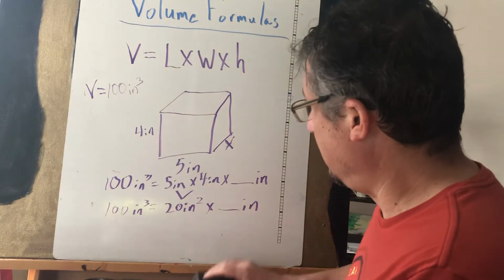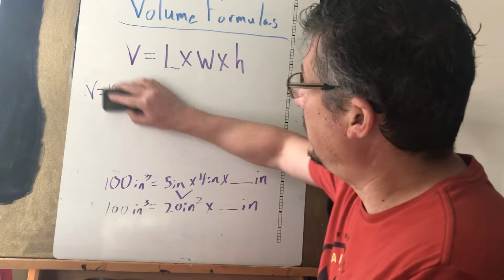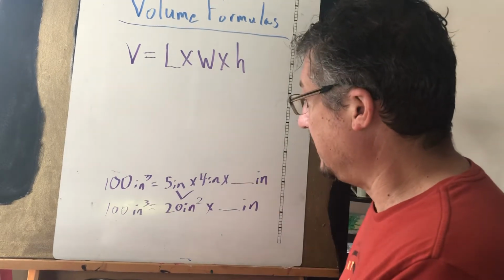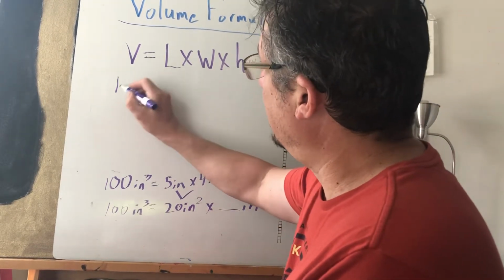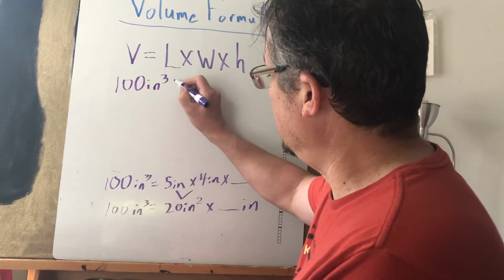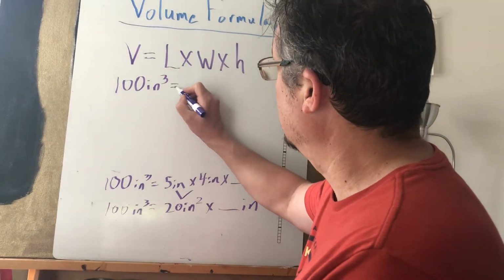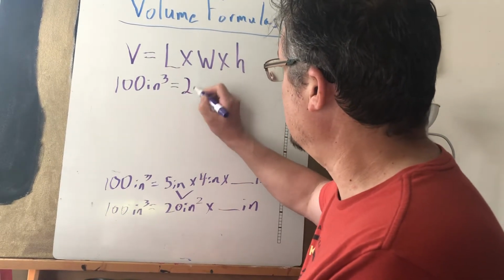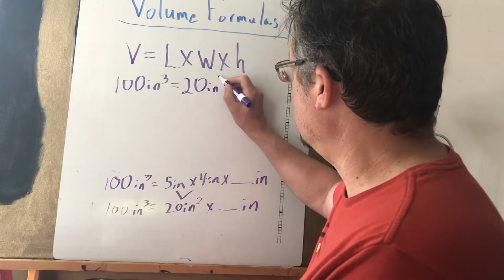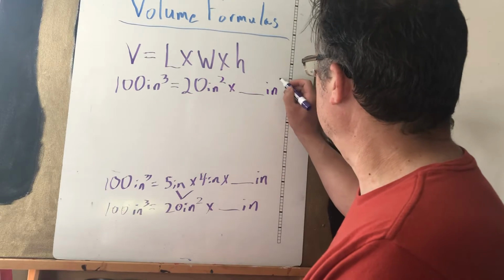This is a little too close, so I'm going to erase this and move it up. So I have 100 inches cubed equals 20 inches squared times blank inches. Sorry if it's not the neatest.